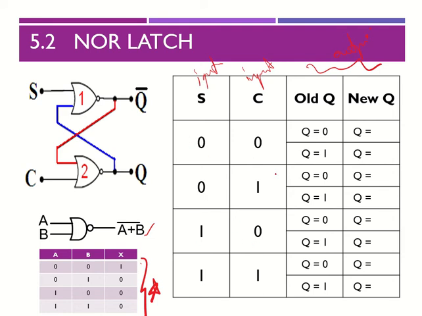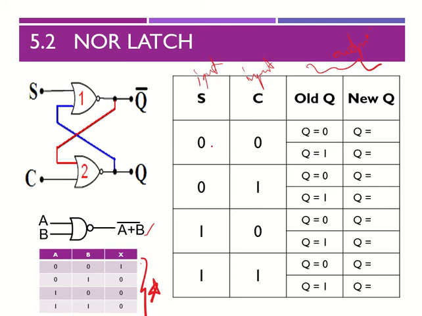And like I mentioned earlier, in this particular 0 0, for your Q, you're going to have two situations. Either the memory, the previous value, is 0, or the previous value is 1. That's why you have these two situations over here.